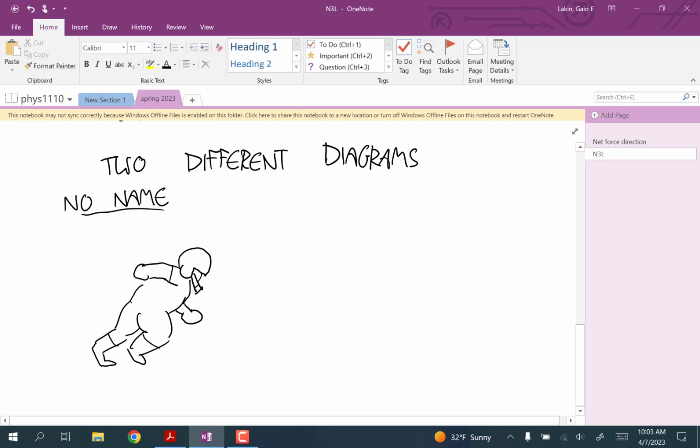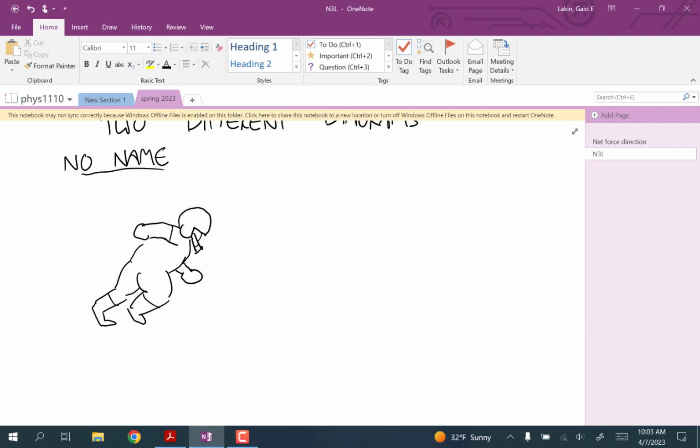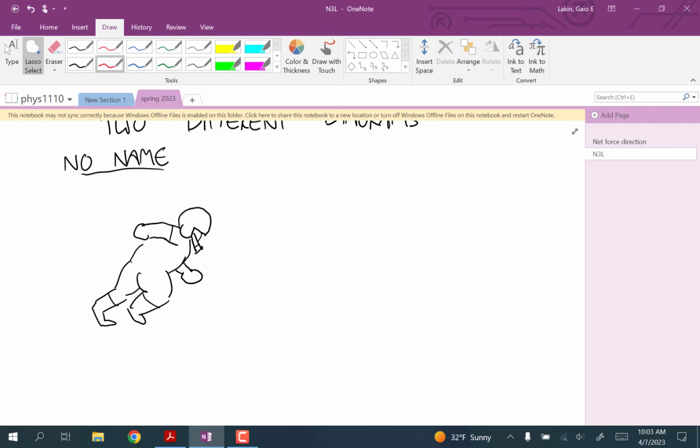Okay. So when you're doing this first type of diagram, the way you're thinking about this is you draw a velocity, and then you think, okay, this person is slowing down from this collision, and so the acceleration parallel is this way.